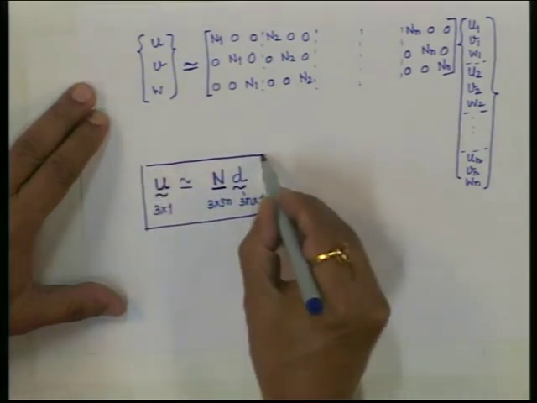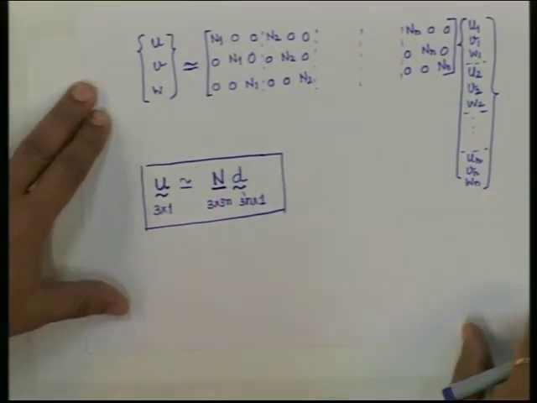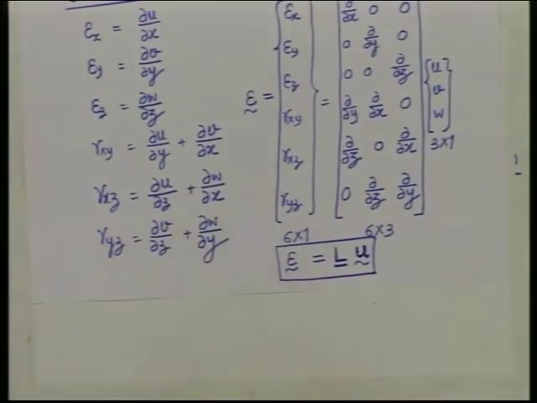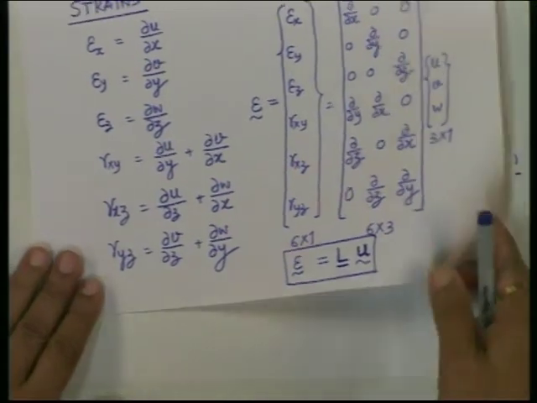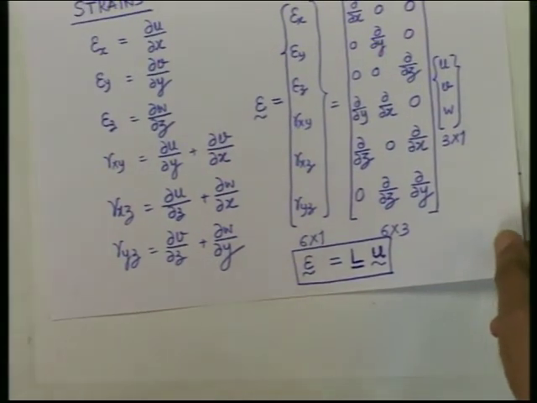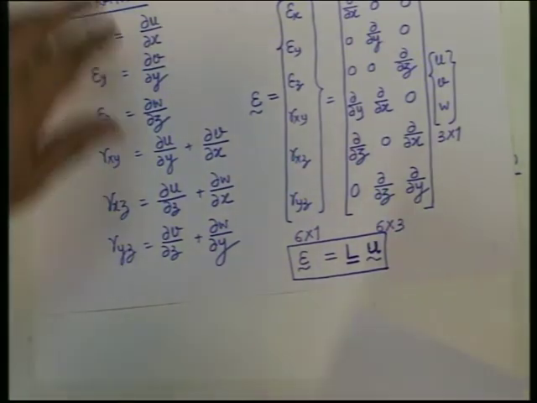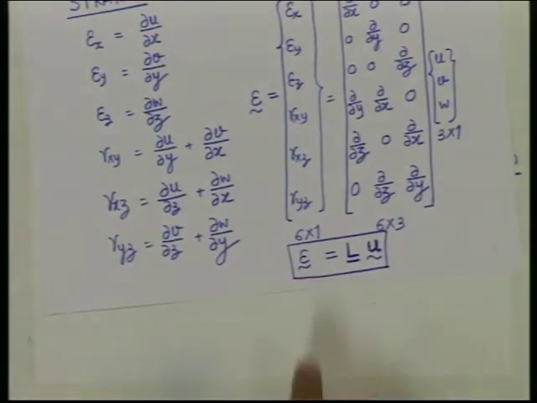This is an important block: N has to be established. Now L you got, the derivative matrix, it is in place. But now I would like to know what my strain is in terms of my nodal values.